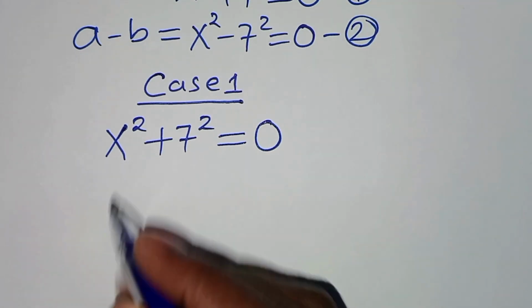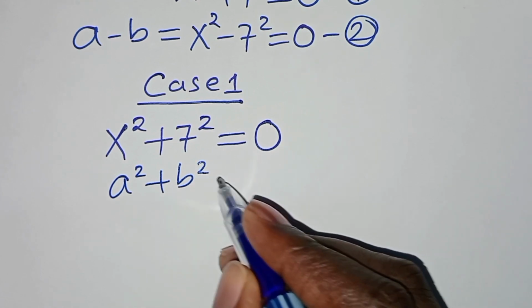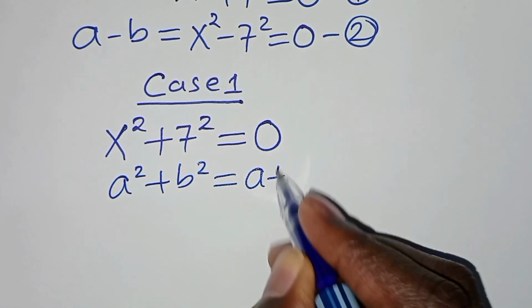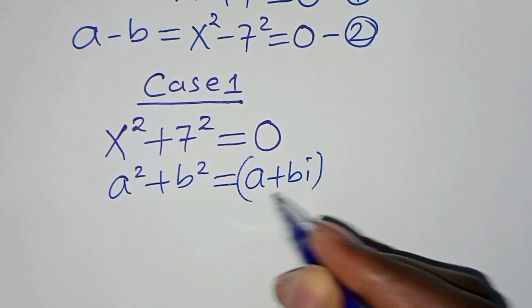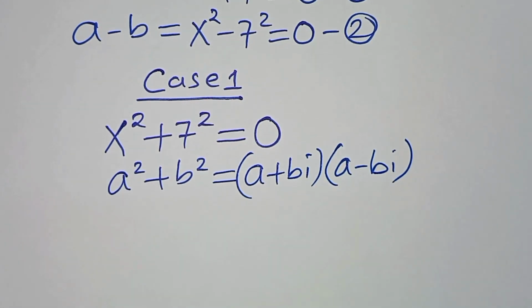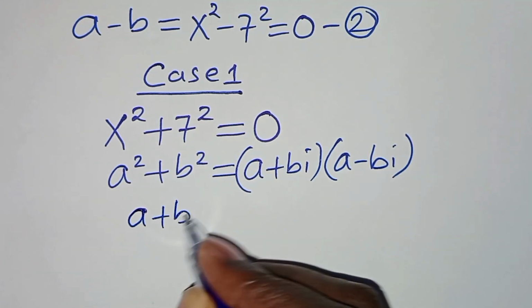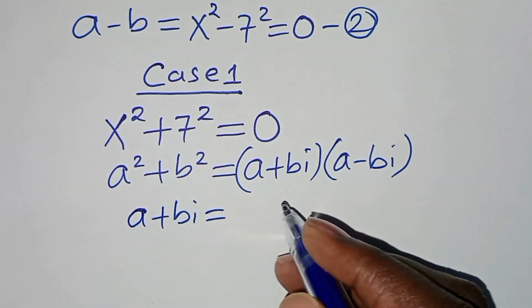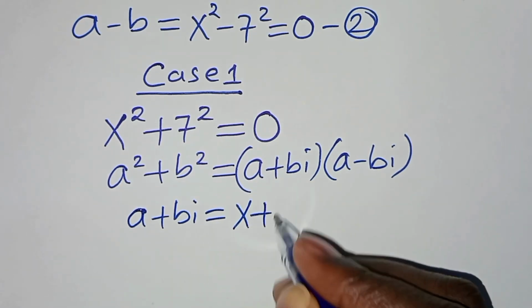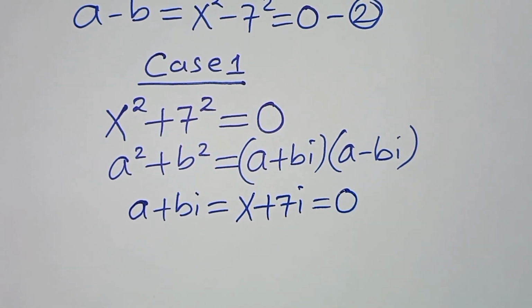Now this is actually in the form of a squared plus b squared, which you can express as a plus bi, then a subtract bi. So that implies that a plus bi, this is the same thing as x plus 7i, this is equal to 0.